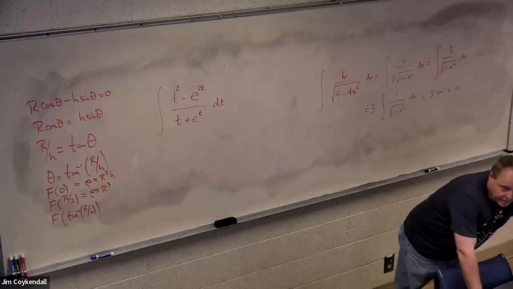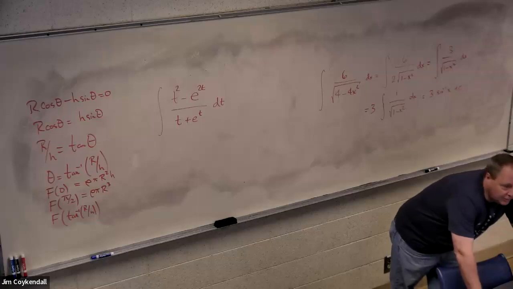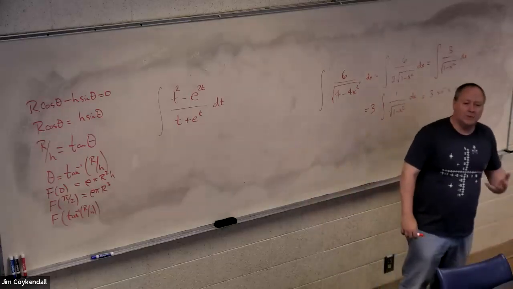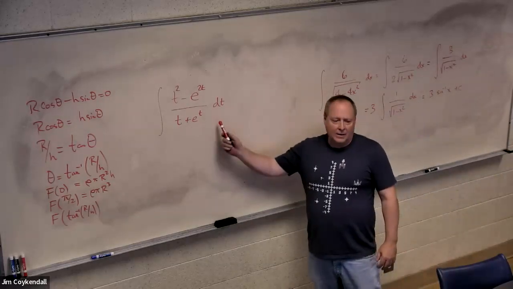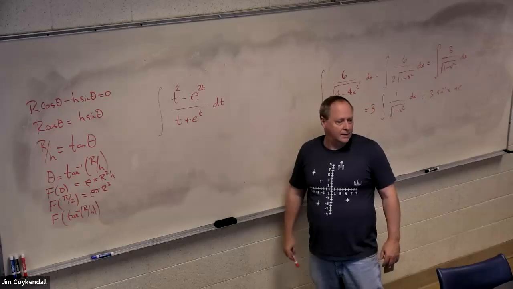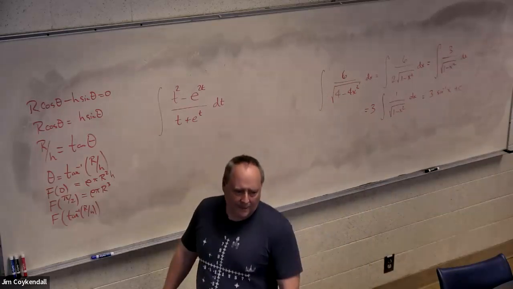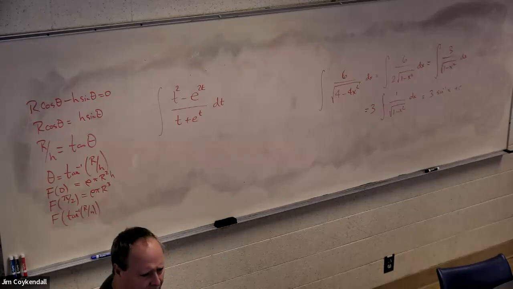I haven't taught you anything about how to deal with antiderivative fractions unless you already know some formula. Like, for example, the derivative of the inverse tan of x is 1 over 1 plus x squared. I haven't told you how to deal with stuff like this. So there's got to be some algorithms. Anybody see how to factor the top?